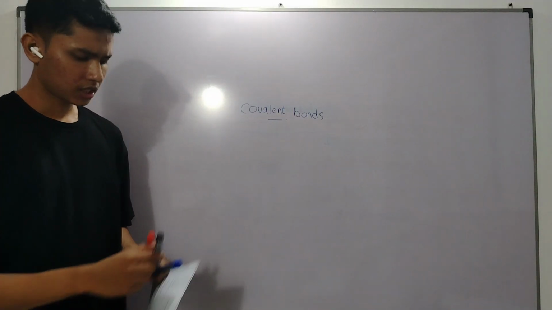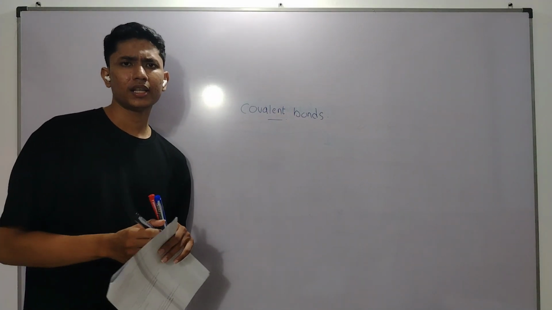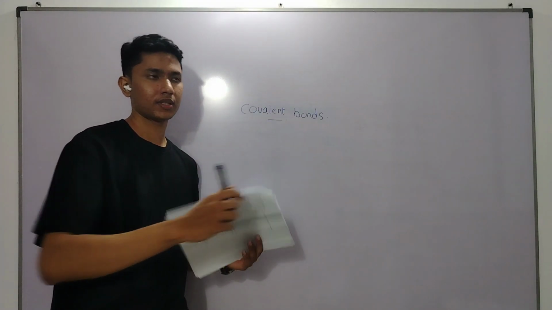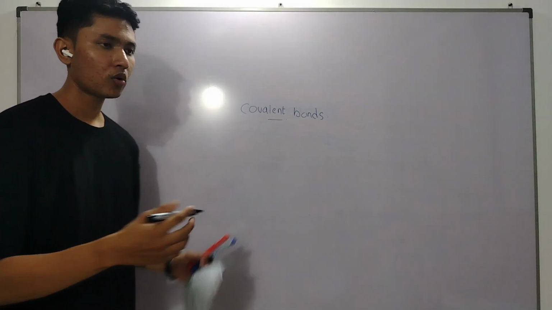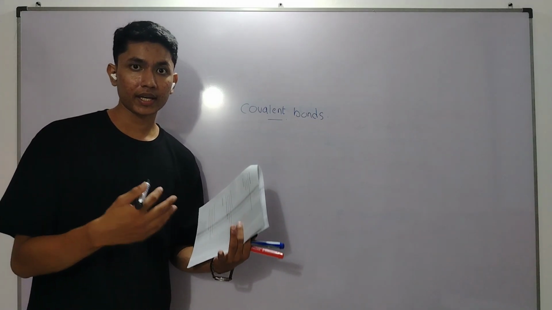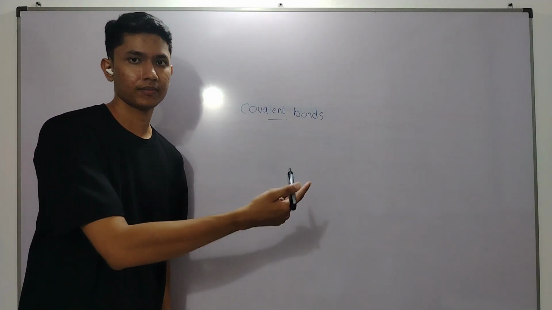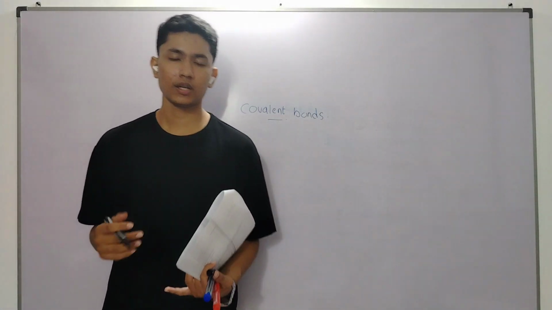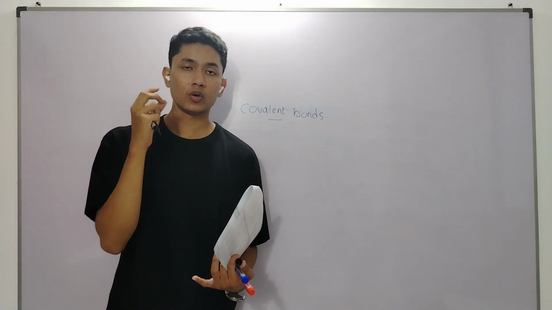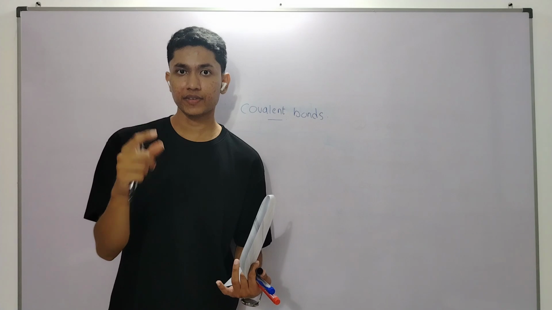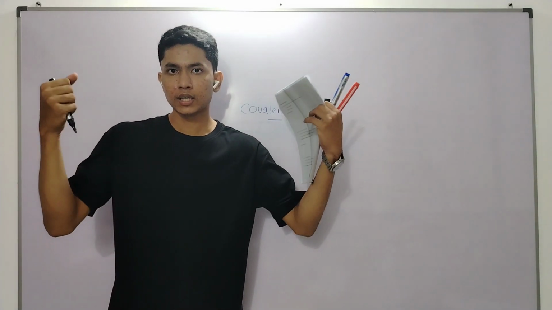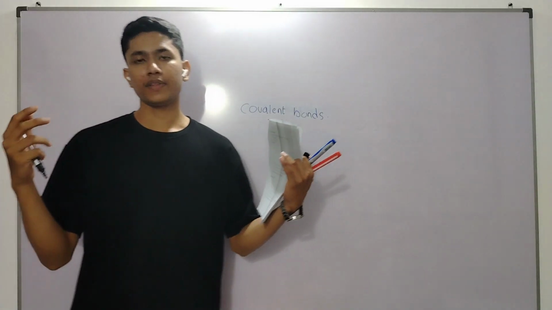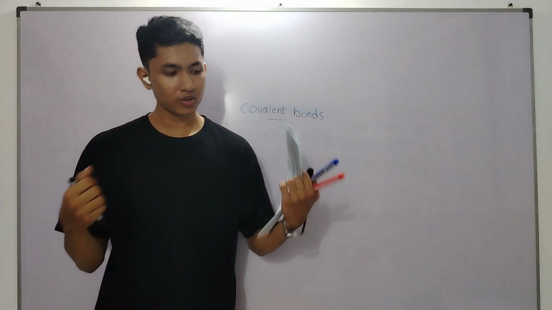Now, to share an electron between 2 atoms, what are the requirements? How can an atom share an electron with another atom? It cannot happen spontaneously, it cannot happen automatically, right? So, in order for an atom to share an electron with another atom, from the first unit, their valence electron clouds have to come together.